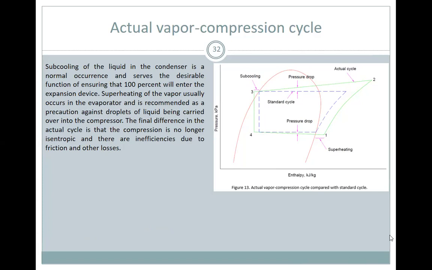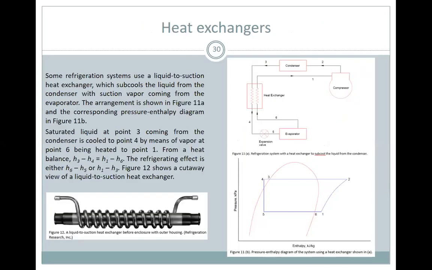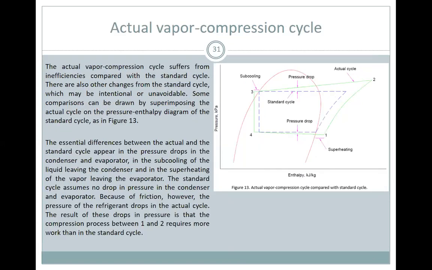Superheating of the vapors usually occur in the evaporator. It is recommended as a precaution against droplet of liquid being carried over into the compressor. Superheating, hindi pwedeng hindi gumamit ng heat exchanger o ito, dito, liquid to suction heat exchanger. Pwedeng separate, diba?